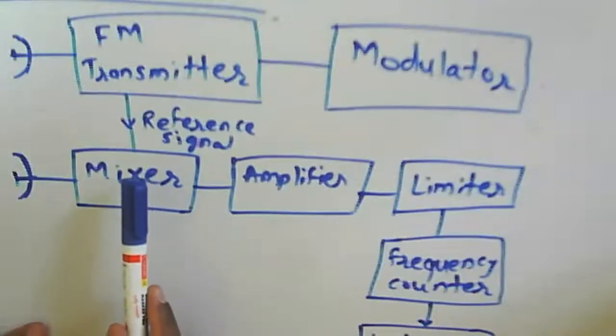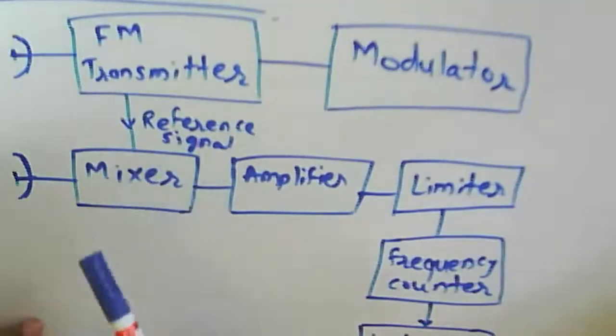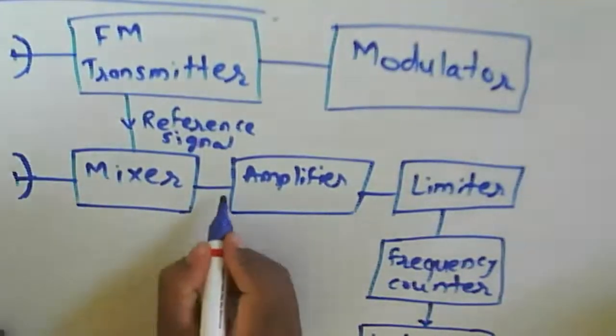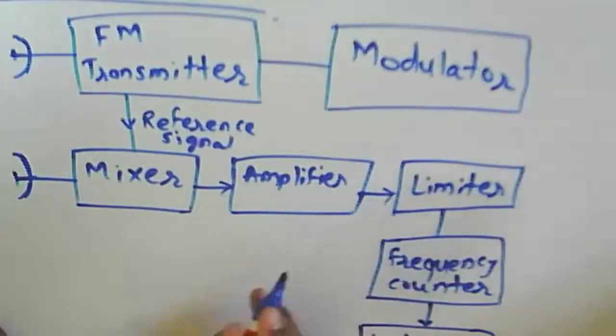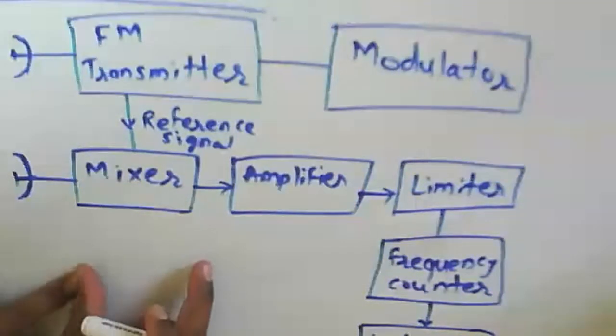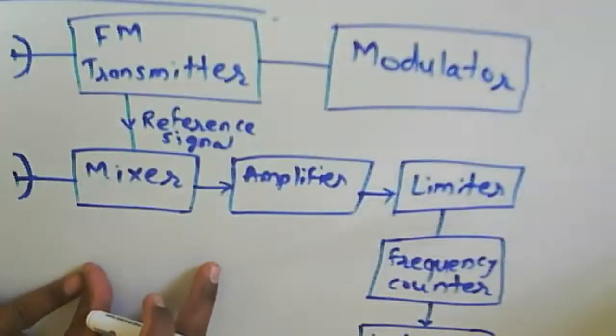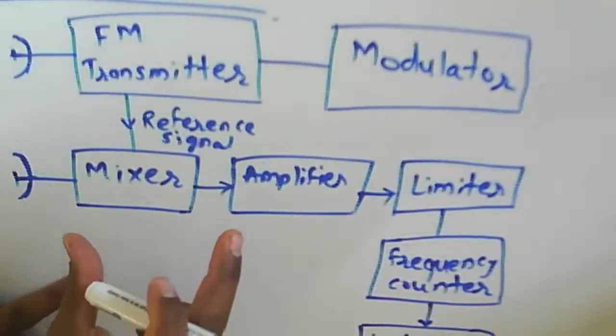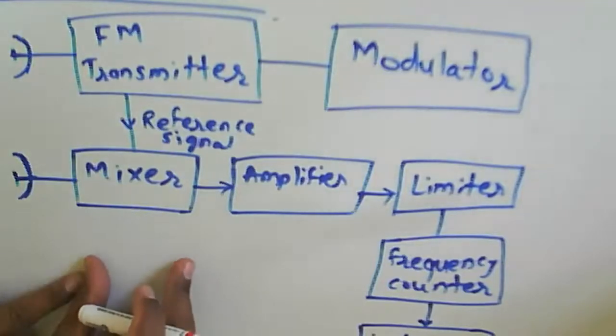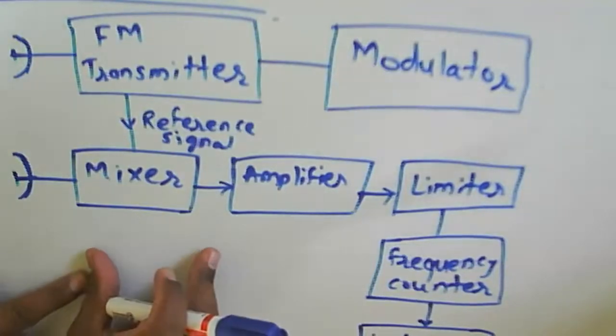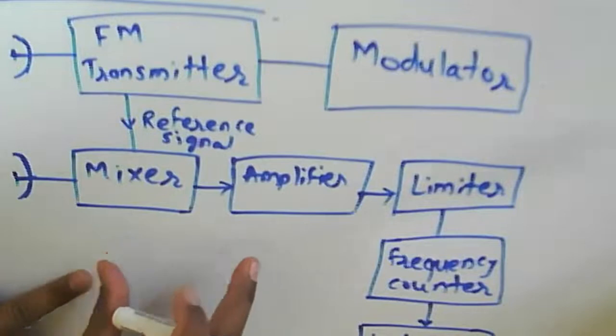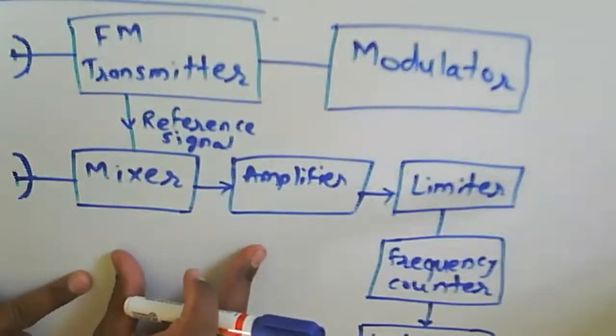Now, after that, your signal is supposed to be amplified, so we use the amplifier here because the receiving signal, or echo signal, is at a small level. That's why we amplify that beat frequency signal.